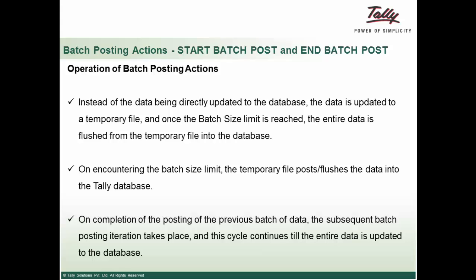So it behaves like a router. First, the data is pulled from the main source to a temporary file. It reaches its limit of 10, holds there, and then pushes the data to the database.